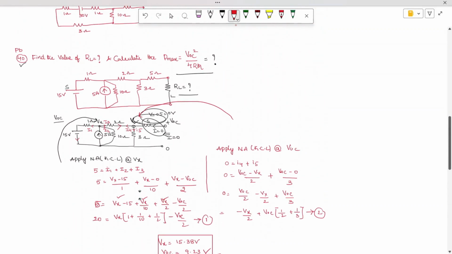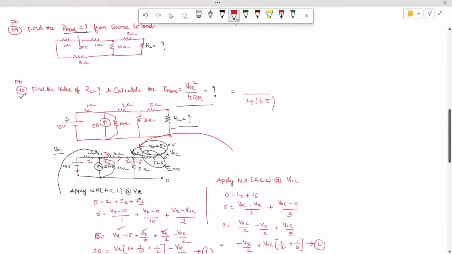So substitute all these values. R Thevenin is 6.5, and we already found the value of VOC as 9.23. So 9.23 whole square, just use your calculator, then you'll get the power as 3.27 watts, the maximum power transferred from source to load.